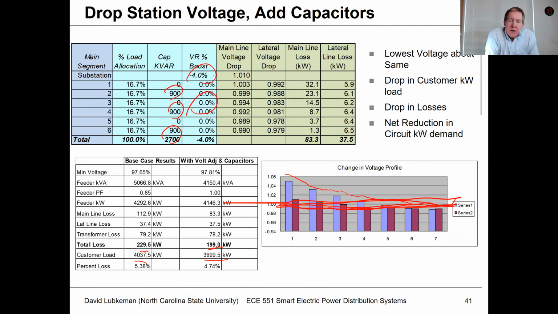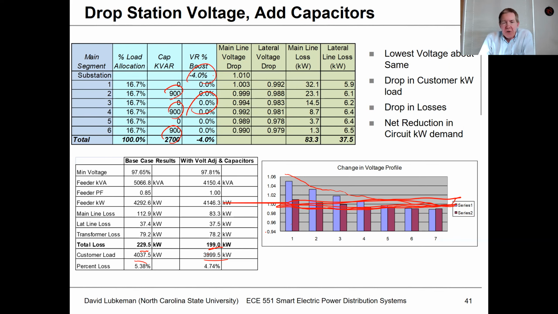And so not only does your load drop off because the loads themselves use less energy, but then you're going to get a drop off in real power consumption and also energy associated with that, because you see less losses in the line, you see less losses in the transformer, and less losses in the lateral. And so anyway, the losses drop off, and you can see these different types of benefits due to having CVR in the circuit.